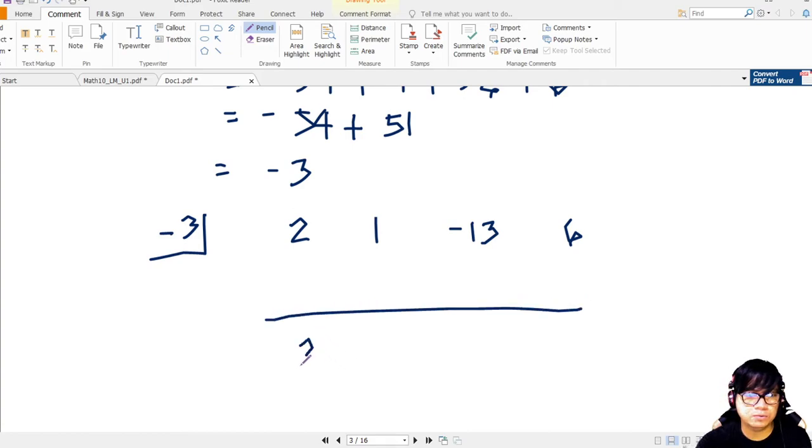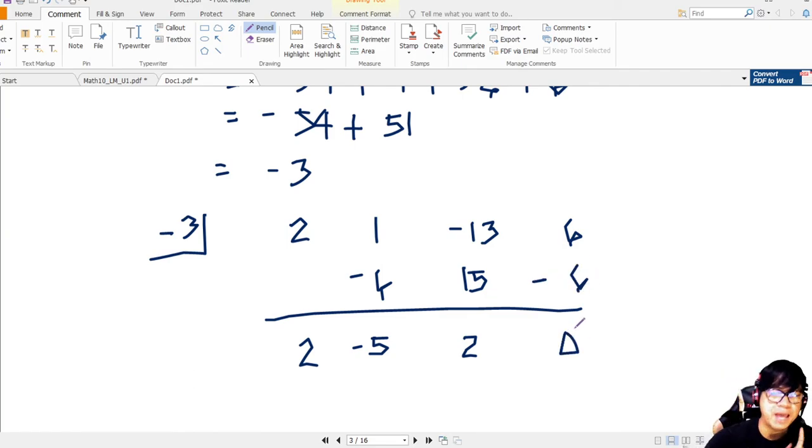So, bring down 2. 2 times negative 3, negative 6. 1 plus negative 6 is negative 5. Negative 5 times negative 3, 15. Negative 13 plus 15 is 2. Tapos 2 times negative 3, that's negative 6. And negative 6, 0. There is something wrong with our answer kasi hindi siya pareho.